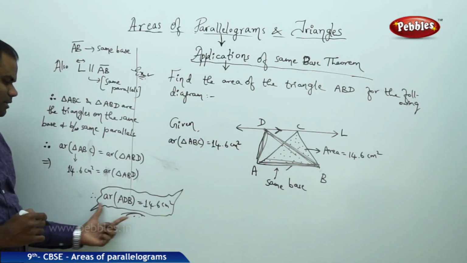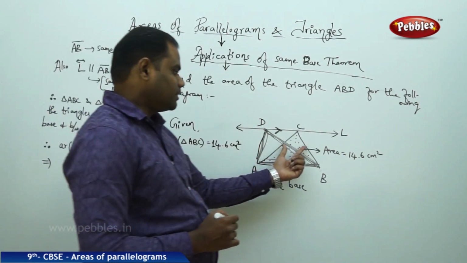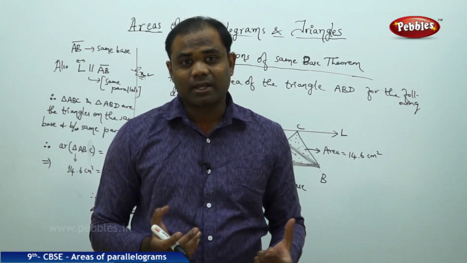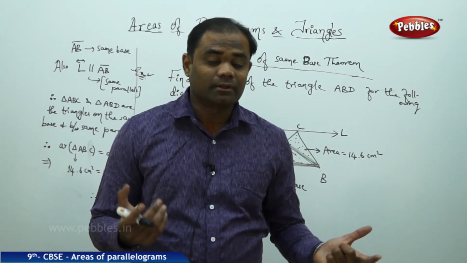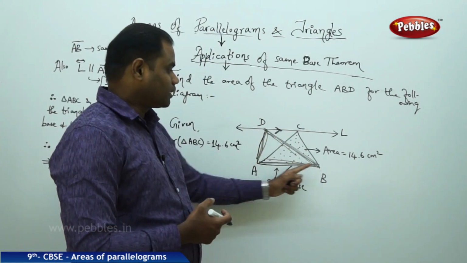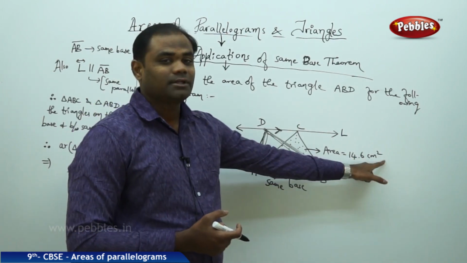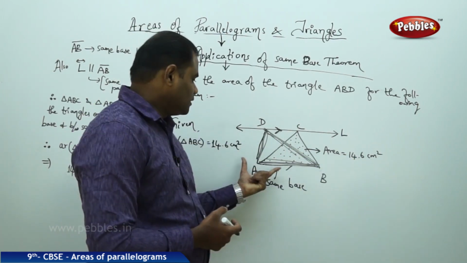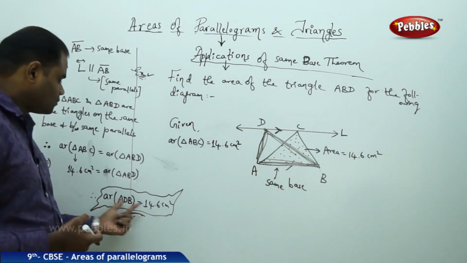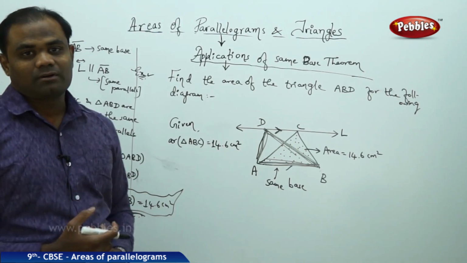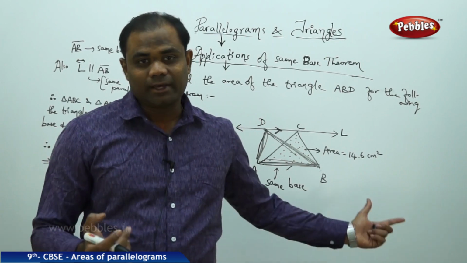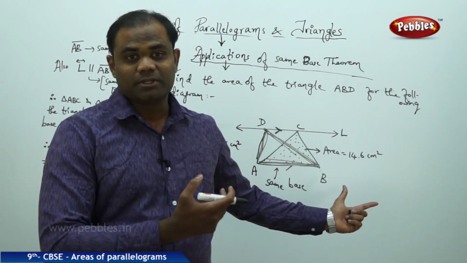Two triangles on the same base and between the same parallels are equal in area, and hence the area of triangle ABD equals the area of triangle ABC, 14.6 centimeters square. This is how we understand the application of the same base theorem in real life.